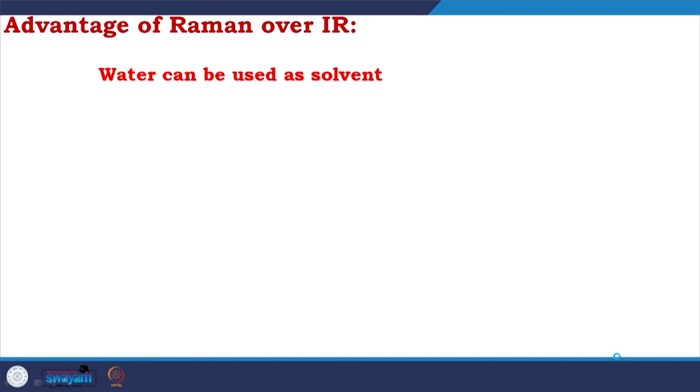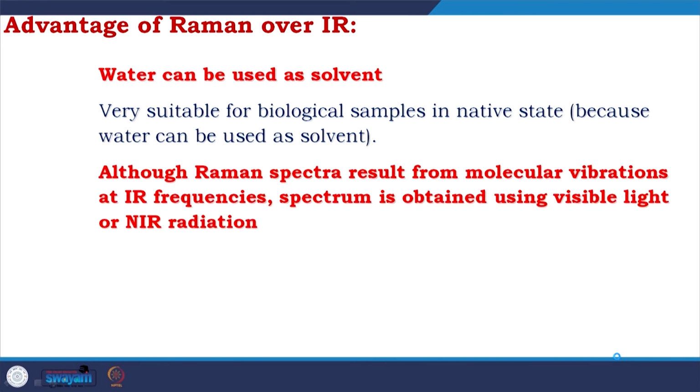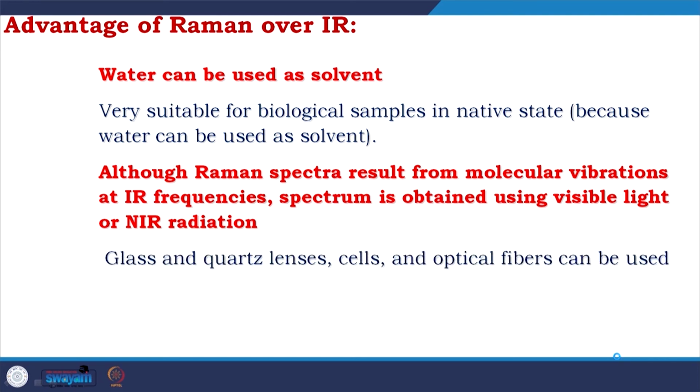Advantage of Raman over IR: water can be used as a solvent, so it is very suitable for biological samples in the native state. Although Raman spectra result from molecular vibration at IR frequencies, the spectrum is obtained using visible light or NIR radiation.